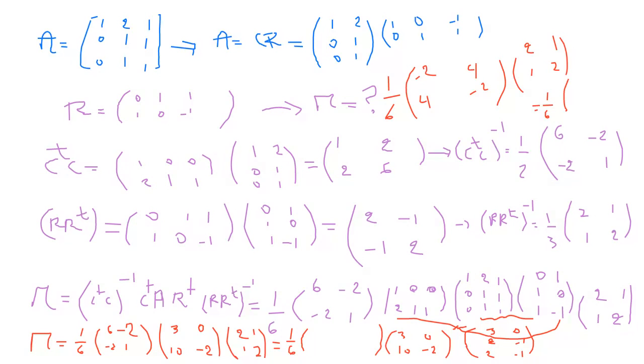Here I have, how much is that? 6, 6, 6, 6, 0. This is the entire identity matrix, which is 0, 1, 1, 0. Beautiful. Thank you, Abdulaziz. So we have the right answer.